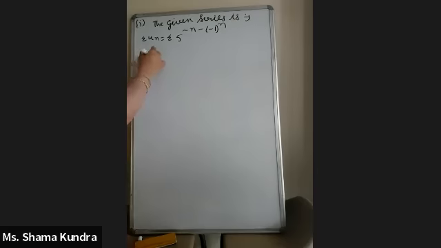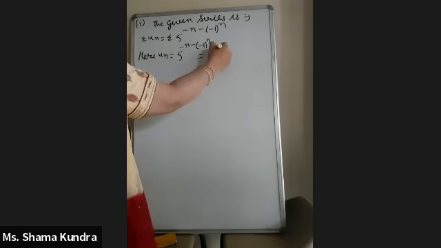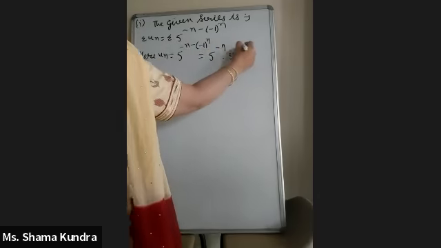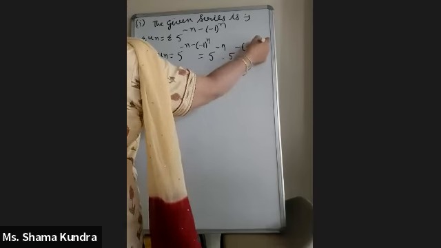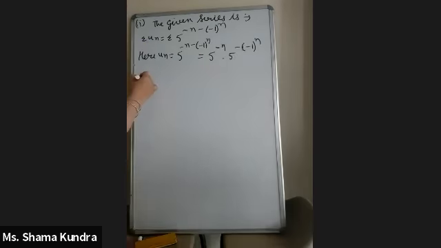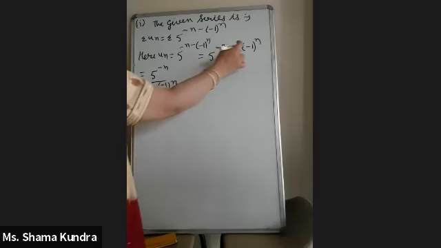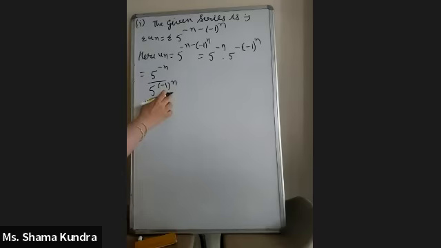Here u_n is... separating the bases. This power is negative. When we take it in the denominator, it will become positive.